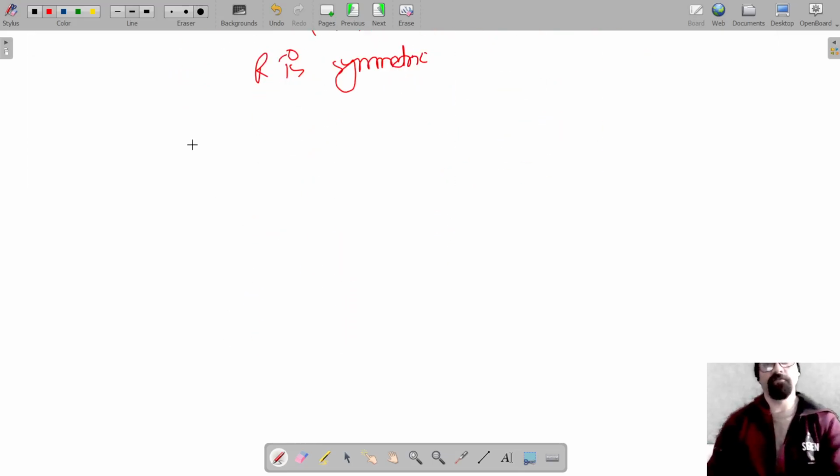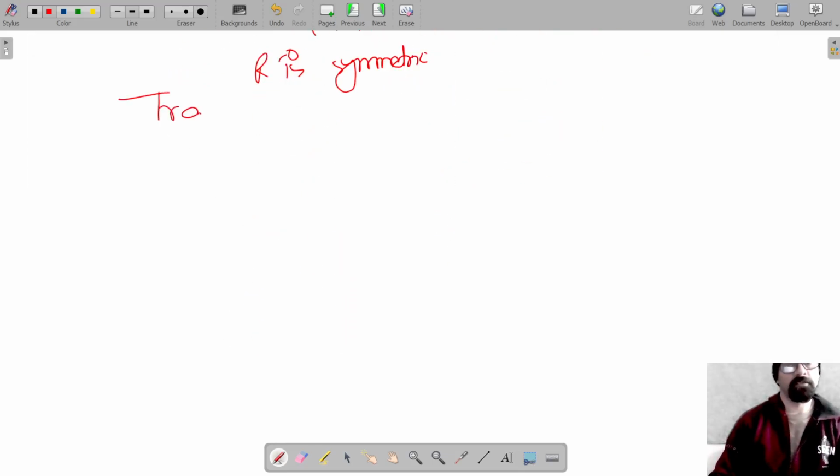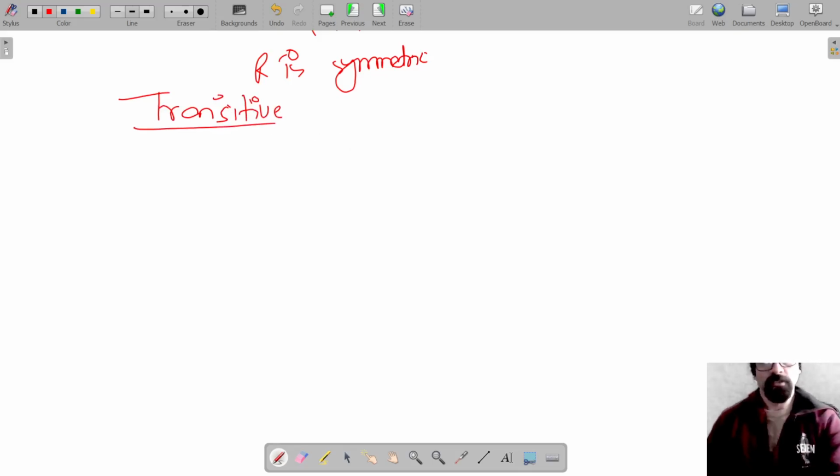Okay, now let's check it for transitive. To check it for transitive, let's consider two ordered pairs to be in the relation.